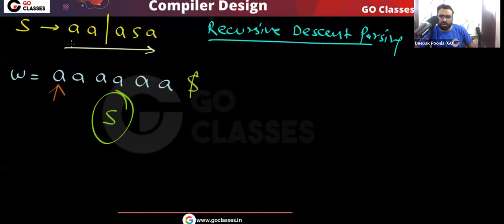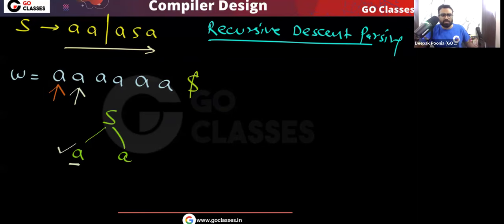Because this is a variable, we try one of its productions in this order. First we try this production. This A is matching with this A, so we go to the next symbol on the input string and put a small tick mark here to show we got a local success. Next, this A is matching with this A, so we go to the next symbol and put another small tick mark here for a local success.